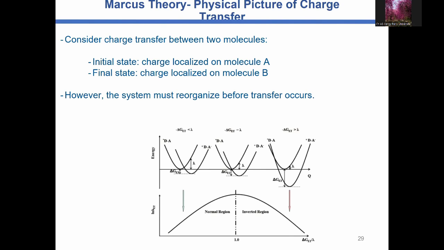But as we discussed, when we shift one electron from the initial state to the final state, we have this reorganization of morphology because of the coupling between the electron and the surrounding of the material.